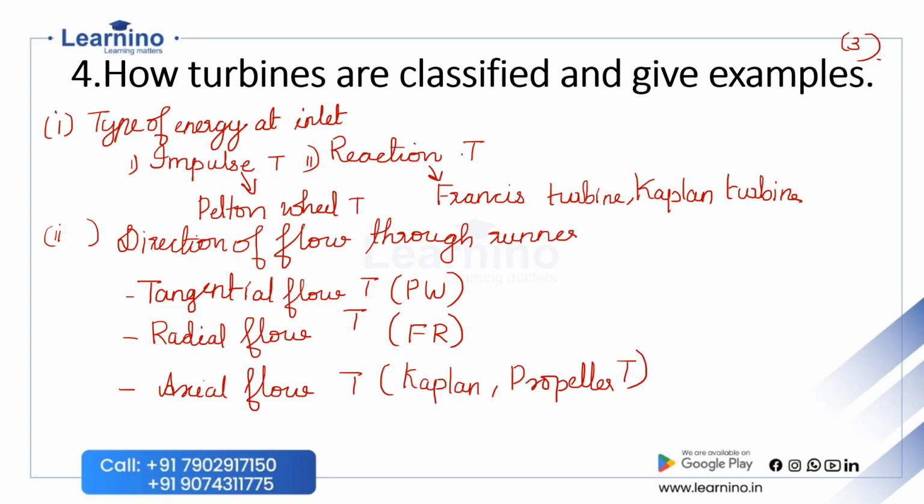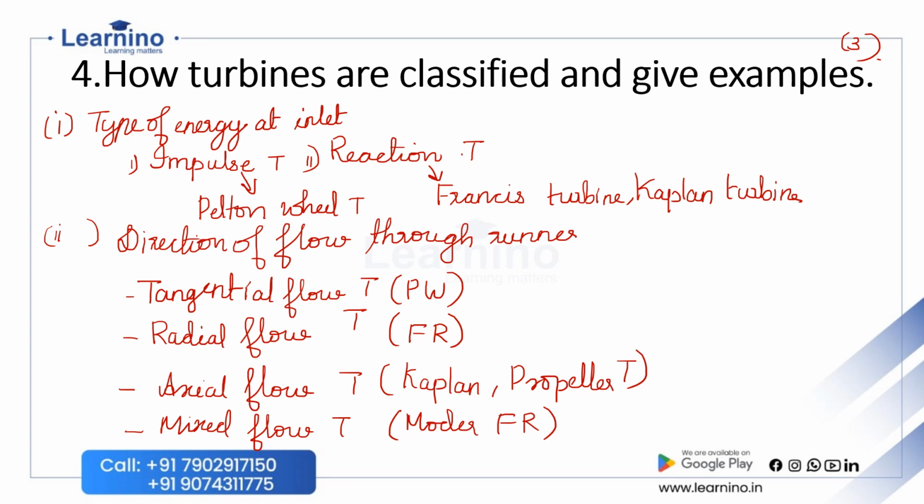And the fourth classification is mixed flow turbine. The example of mixed flow turbine is modern Francis turbine. So these are the examples based on the direction of flow through runner.